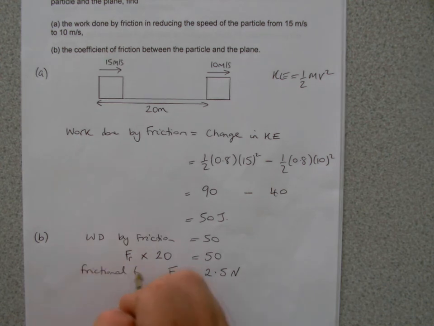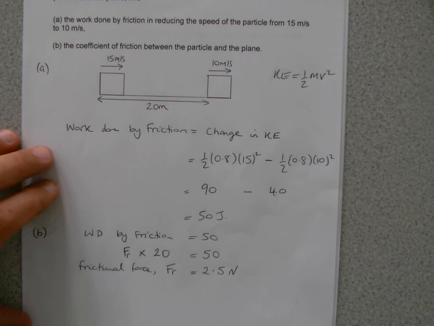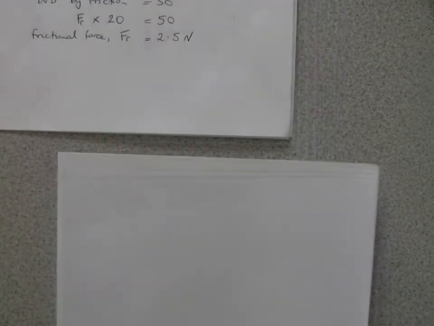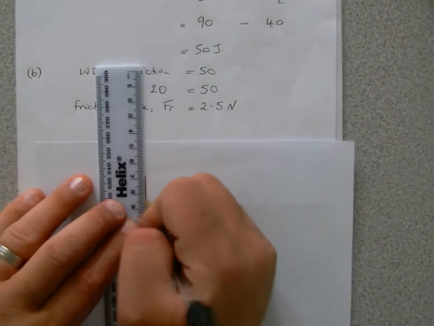Now that we know the frictional force, we can easily work out what the coefficient of friction is. That brings in year 13 work in terms of friction, but it's easily done. What you find helpful is to draw a force diagram to help us work out the coefficient of friction.